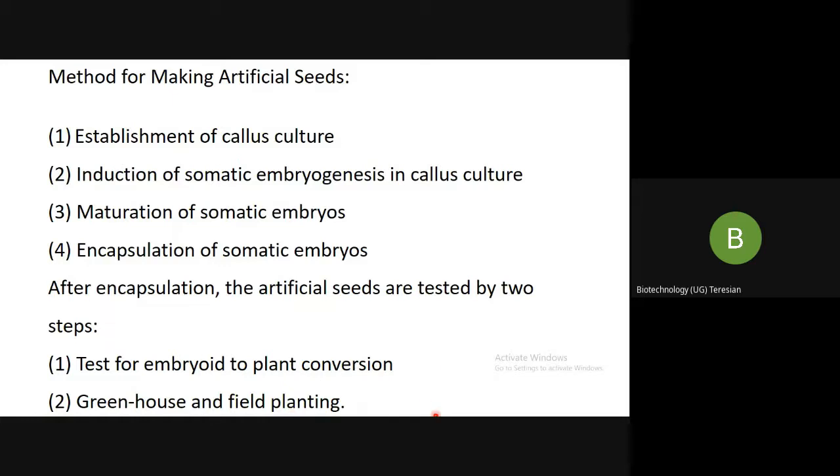Only when they pass these screening tests can you go for commercialization. Unless you have a field trial, for any tissue culture you cannot go for commercialization. You cannot sell it to the farmer or anyone.